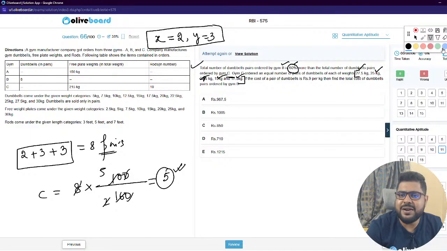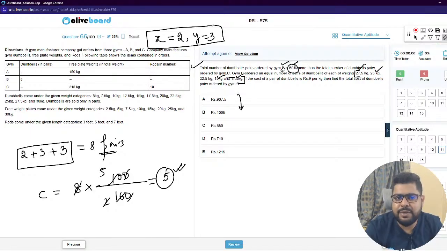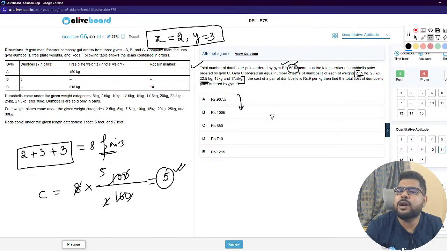So what are they asking? They are asking total cost. Total cost means total weight into price per kg. Calculate the total weight, because every category has one pair. 27.5 and 22.5, that is 50, plus 25 and 15, 40, plus 17.5.